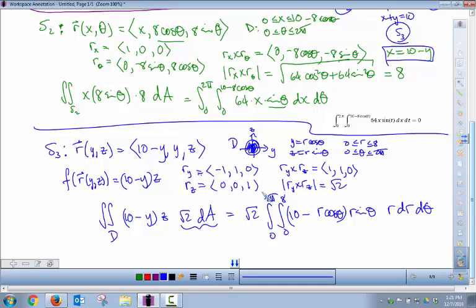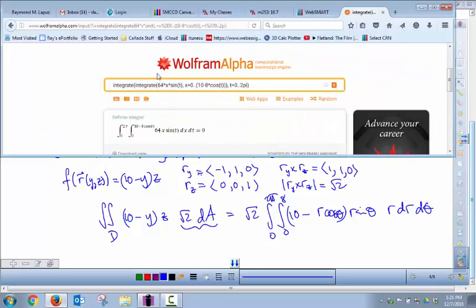So let's put it in Wolfram Alpha again. So we have 10 minus r times cosine theta, close parentheses, times r sine theta times r.